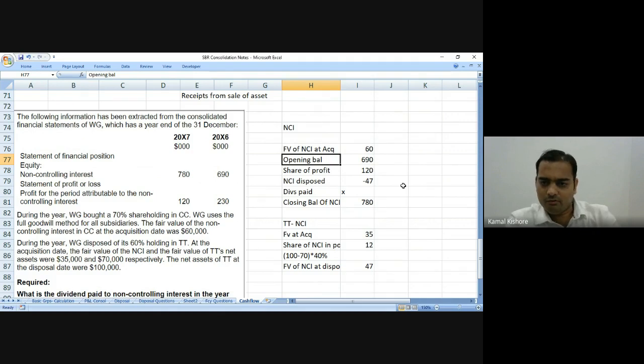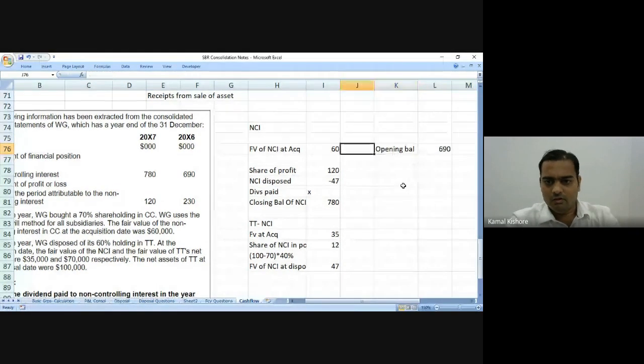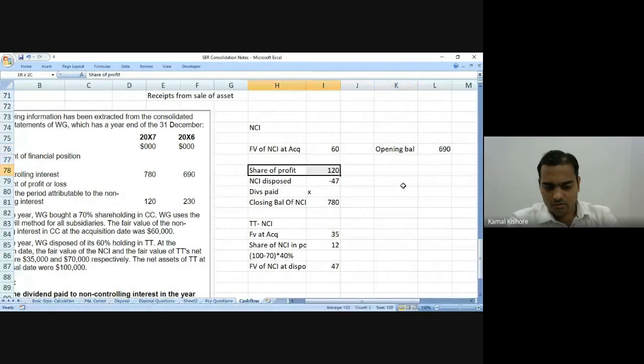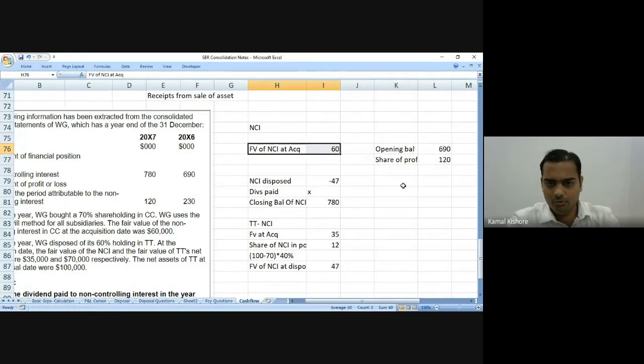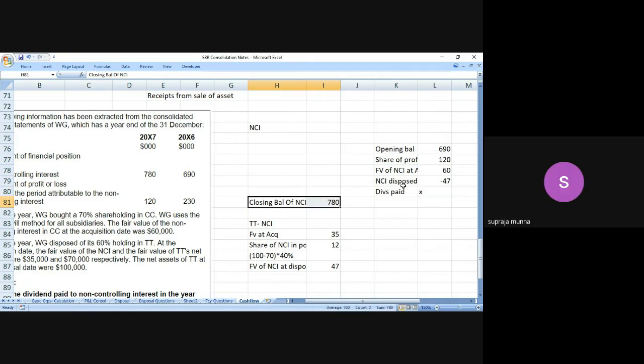Ideally, the format should be: opening balance, any additions, share of profit, new NCI payment, NCI disposed, dividend paid, closing balance.